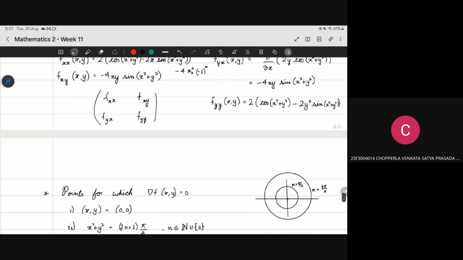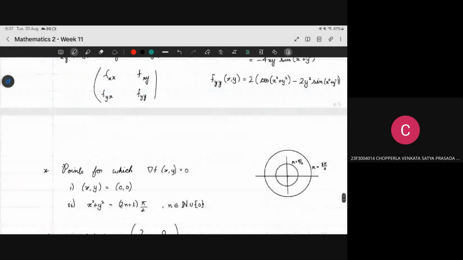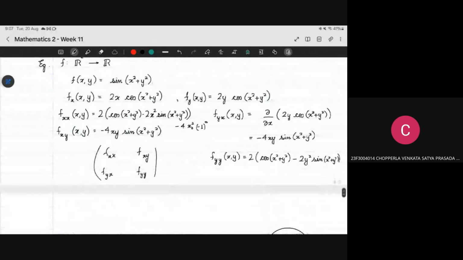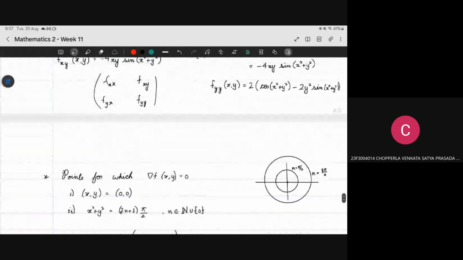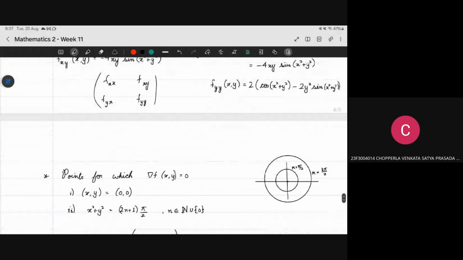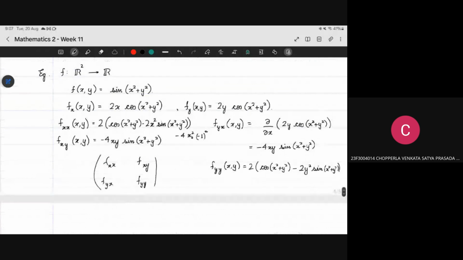Say for n is equal to 0, it becomes plus 1. Yeah, for n is equal to 1, it becomes minus 1. Yes, so it is this, and this becomes minus 4 x naught y naught.